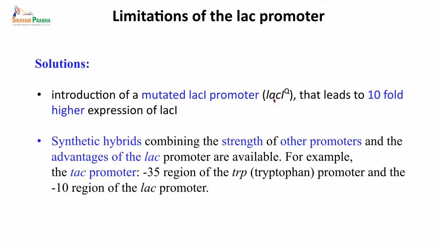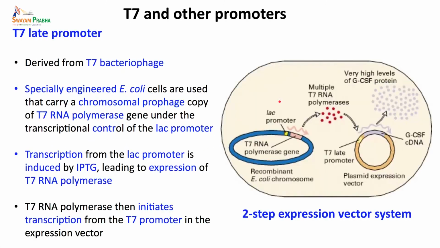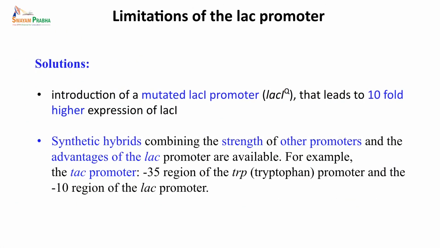So if you see lac-I Q there, then you know that it uses a mutated lac-I promoter. From this promoter, a relatively large amount of lac-I protein can be made, and so it has about 10-fold higher expression of lac-I. Therefore, the leakiness of the lac promoter can be controlled.